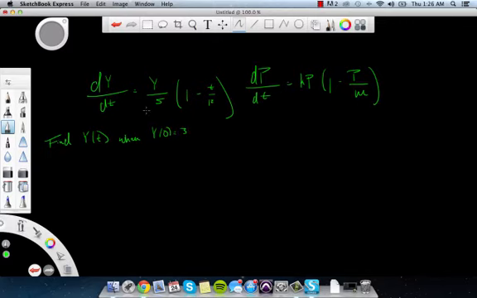So we're just going to have to separate our variables, integrate, and then use our initial condition to solve for our constant. So when we start integrating, we'll split up our variables.